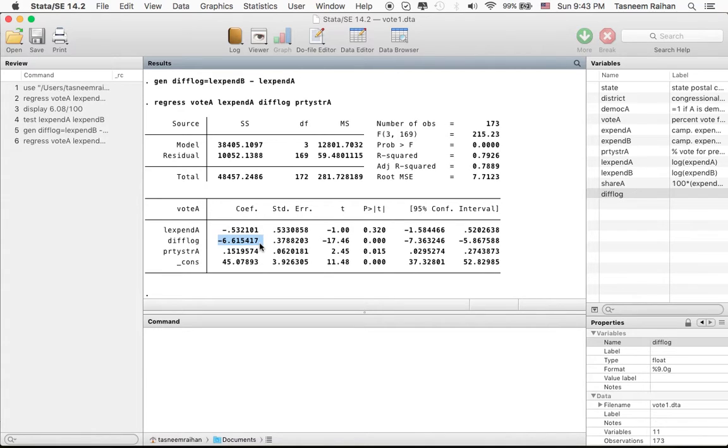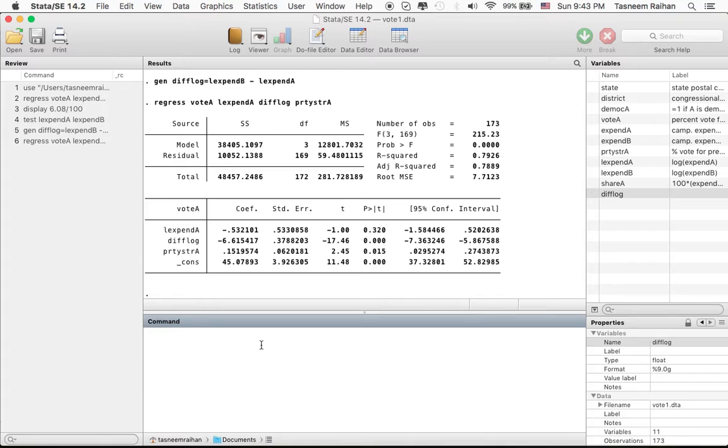What we say is that we reject the null hypothesis that theta 1 is equal to 0, which is the same as saying that we reject the null hypothesis that beta 1 is equal to negative beta 2. So just like the previous example, we failed to reject the null hypothesis.